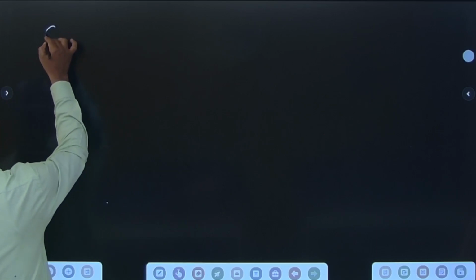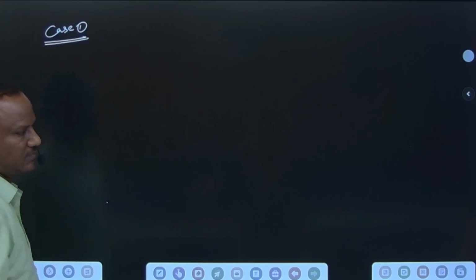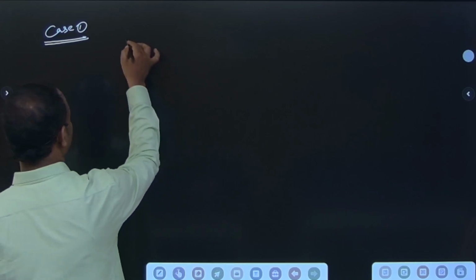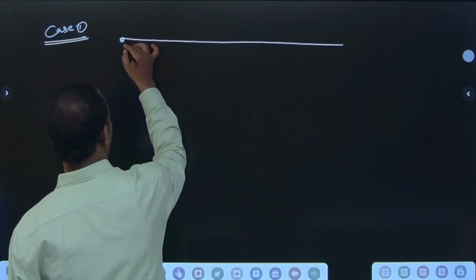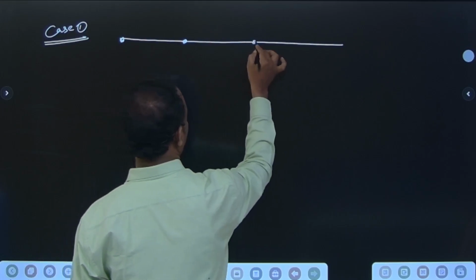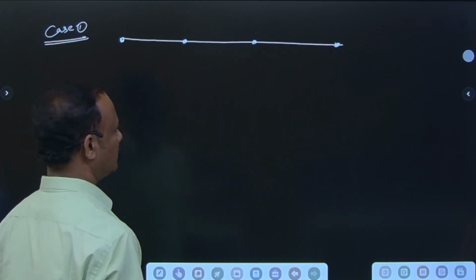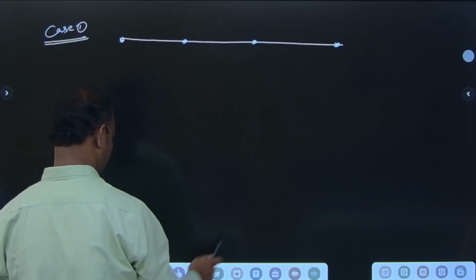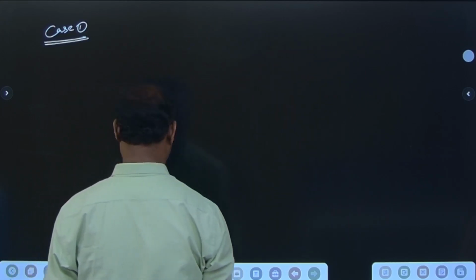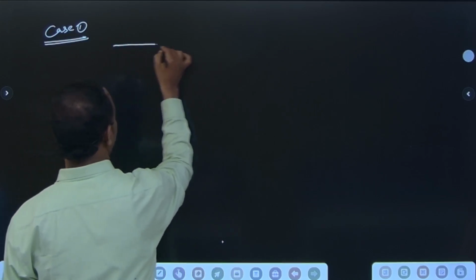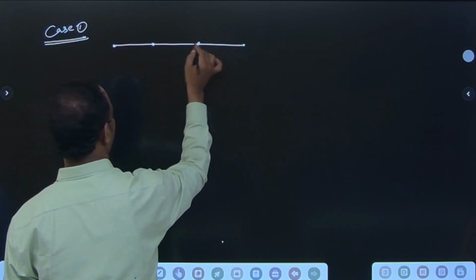I want to discuss three cases. In case 1, the body travels along a straight line path, with three intervals given.